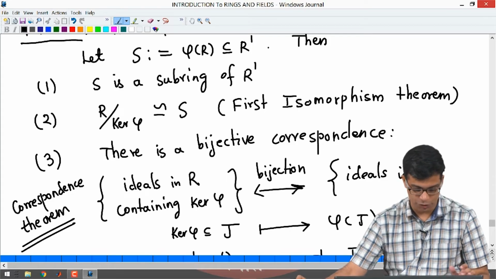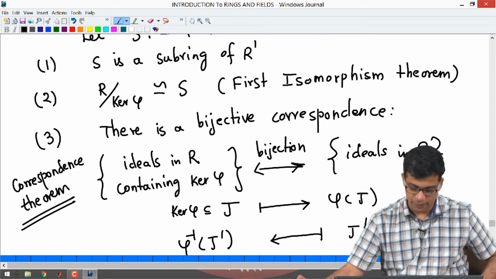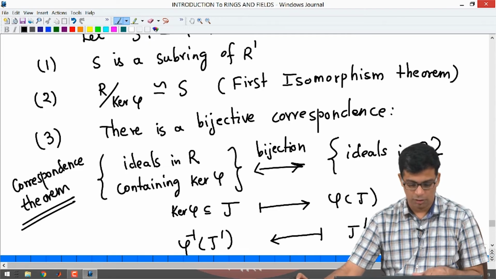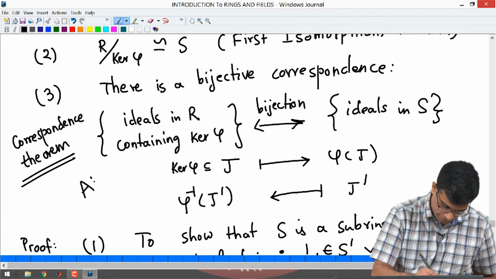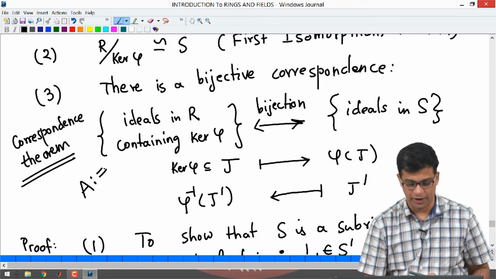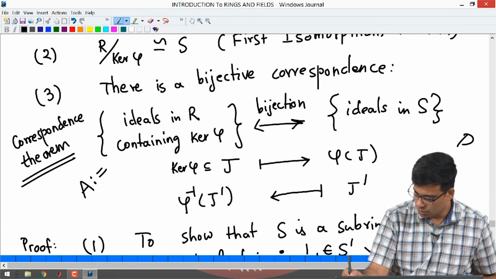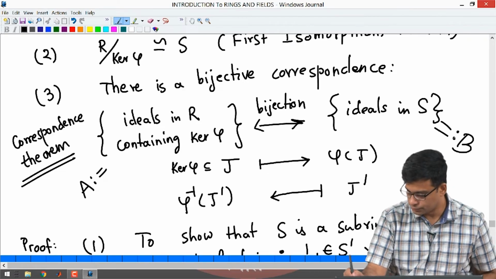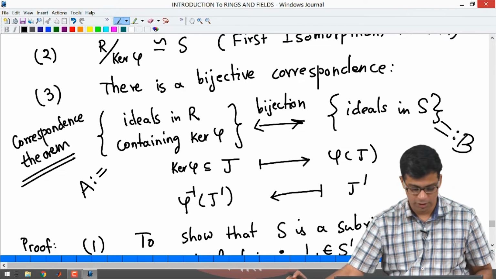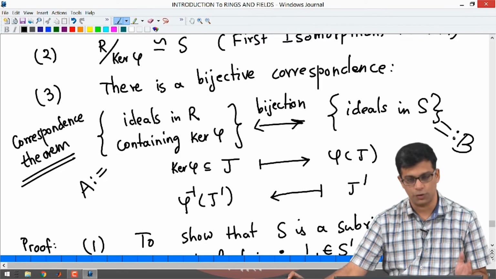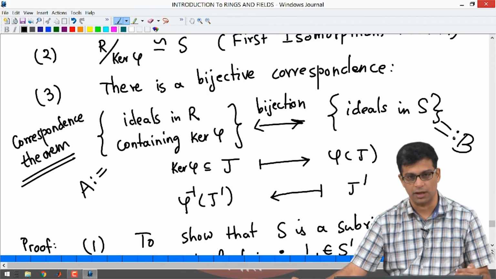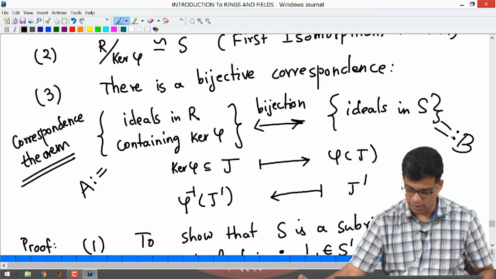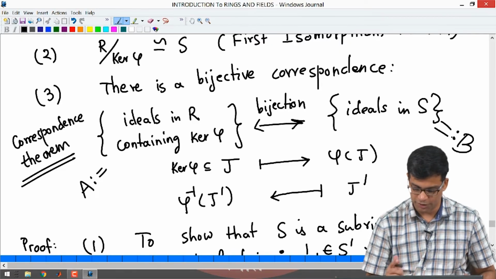The next step is to show there is a bijective correspondence between the two sets. So, let us maybe call these sets A and B. A is the set of ideals in R containing kernel phi, and let us say B is just all ideals of S. So, we are supposed to show that there is a bijection between A and B. We are also told what the functions are.